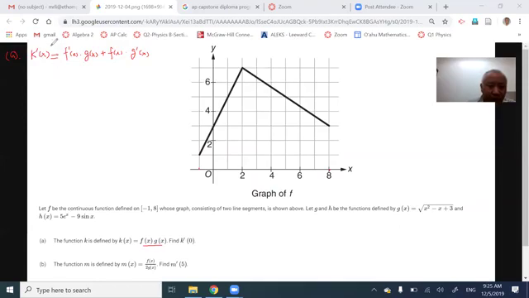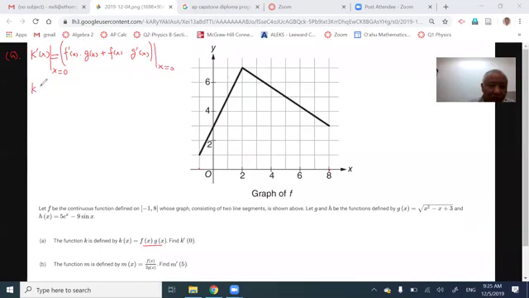And then you're making x equals 0. You've got to put everything in here. The x will be 0, right?